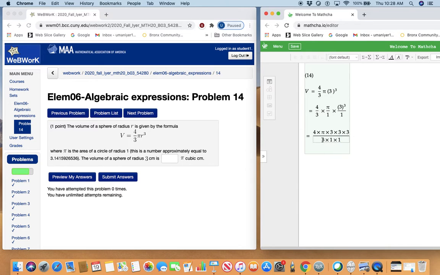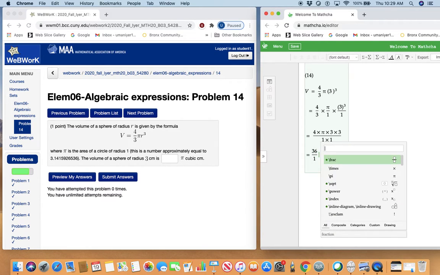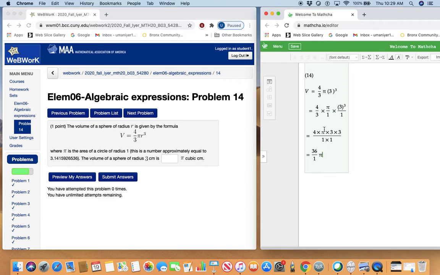Okay, so notice one of the factors 3 cancels one of these. All right, so that gets me all of this equals fraction 4 times, so leave the pi alone. 4 times 3 is 12. 12 times 3 is 36 over 1 pi.